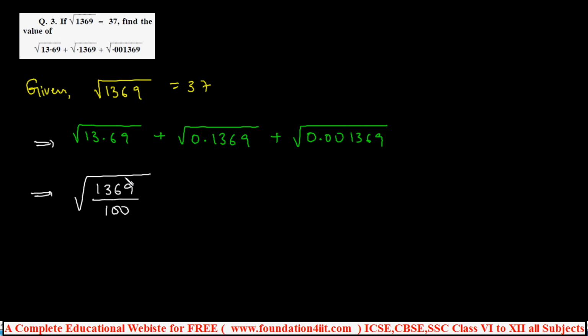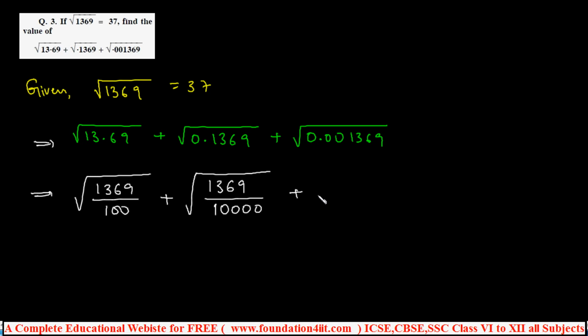Next, the square root of 0.1369 is 1369 by 10,000, because after the point we have 1, 2, 3, 4 decimal places, so 4 zeros.